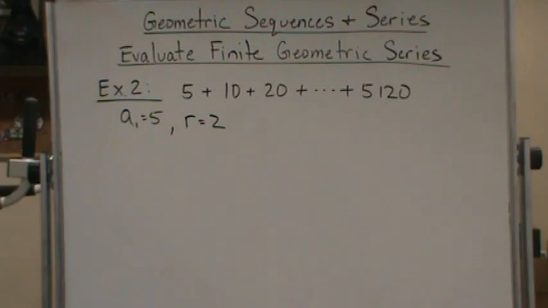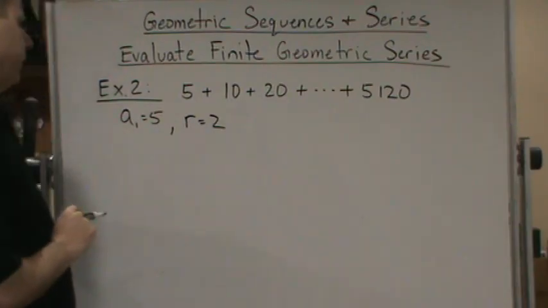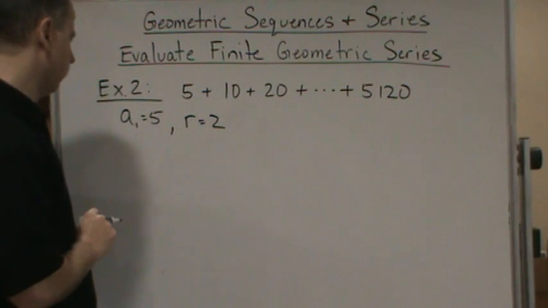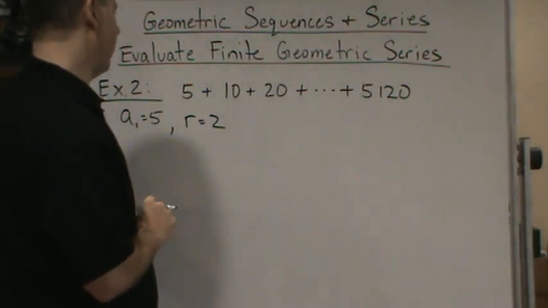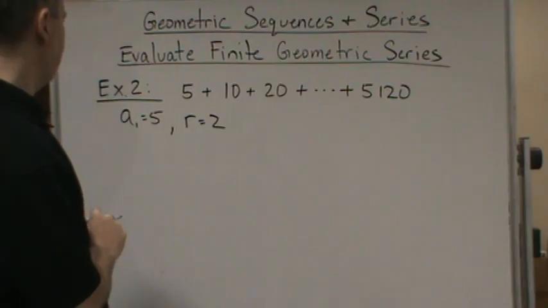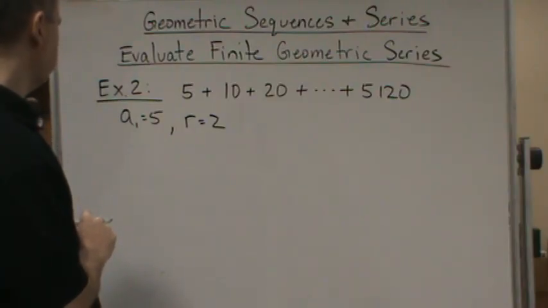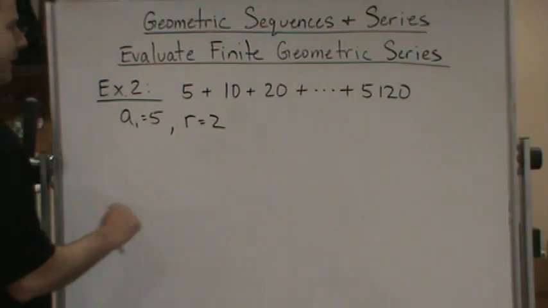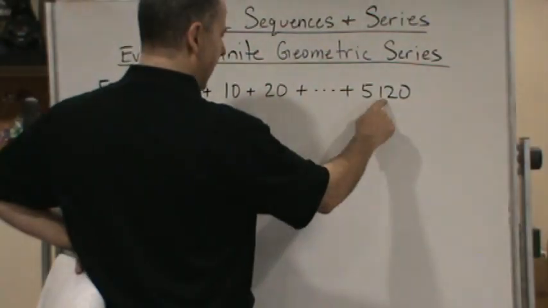Okay. So now we have to find how many terms there are in the sequence, because we have to find out what n is. Well, in this case, we know this is the nth term.